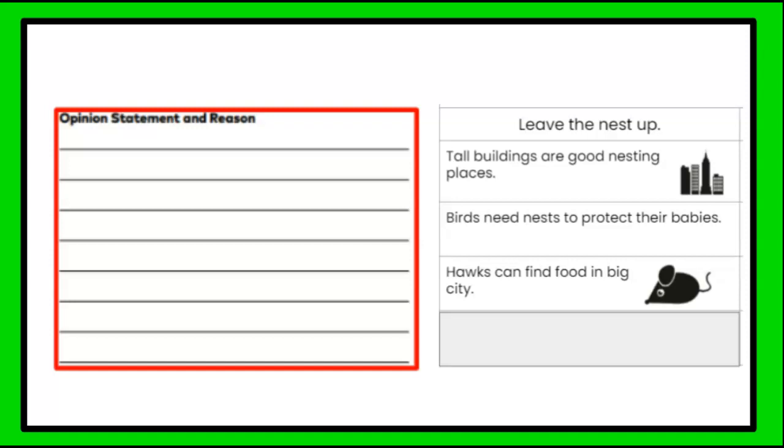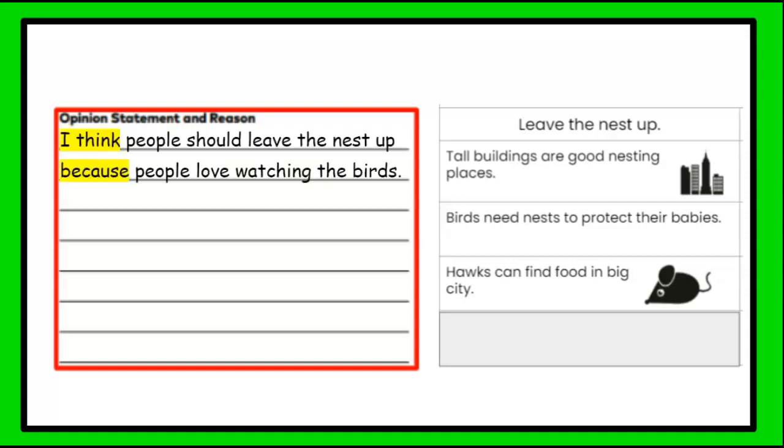Here we go. We have tall buildings are good nesting places, birds need nests to protect their babies, and hawks can find food in the big city. So, on this side, we're going to write, I think people should leave the nest up because people love watching the birds.